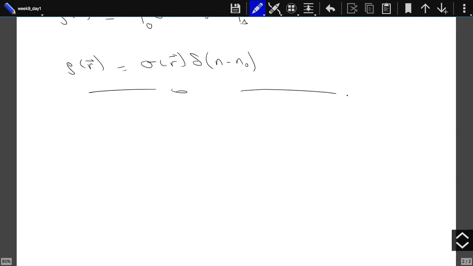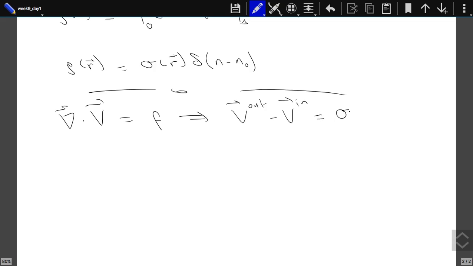Well, let's say you have a differential equation of this form, then V out minus V in over a surface is always equal to, let's say, sigma times f in the normal direction.